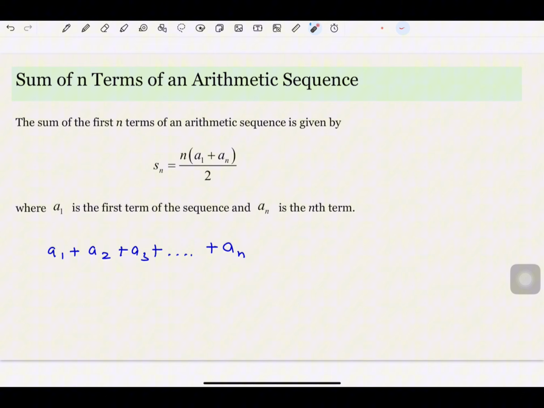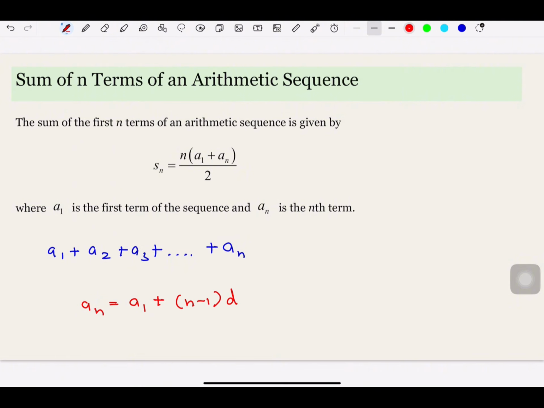Okay, the next question: most of the time we'll be given the first term, but how do we get the last term? To find the nth term, you can use the formula for an arithmetic sequence. We already know that to get the nth term of an arithmetic sequence, we can use this formula: the first term plus n minus 1 times d.